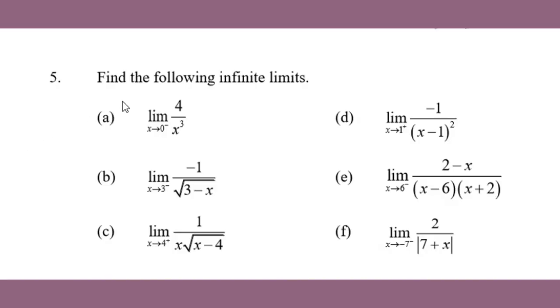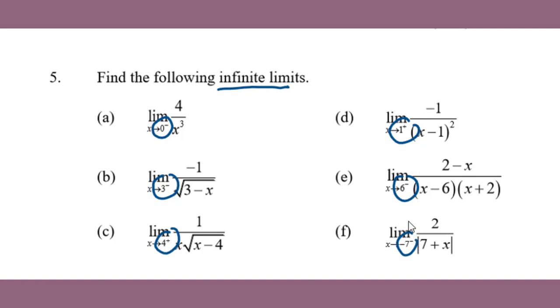Number 5, find the following infinite limits. If you notice for number 5, all of them are one-sided limits: 0 from left, 3 from left, 4 from right, 1 from right, 6 from left, 7 from left.